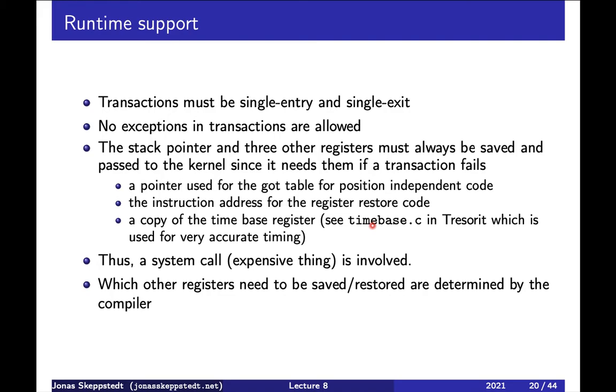It can be used to determine the age of a transaction, and we will see soon why that is useful. Okay, there are also other registers which may need to be saved and restored, and they are determined by the compiler, and they take the current register usage into account.